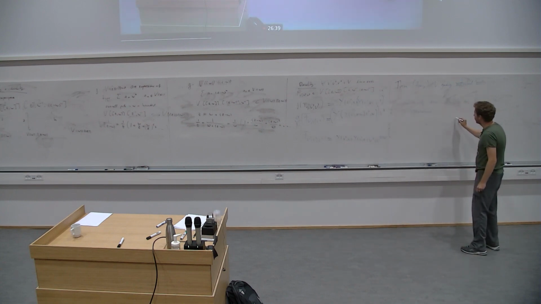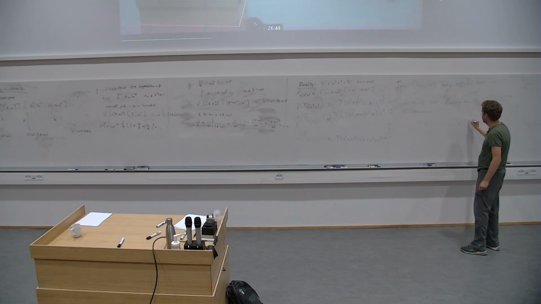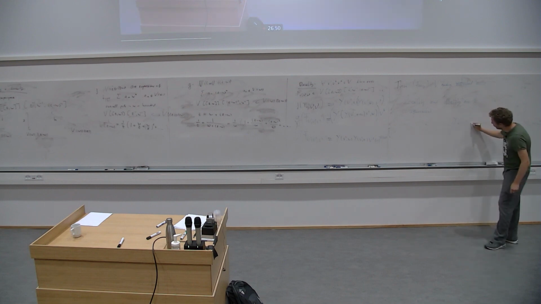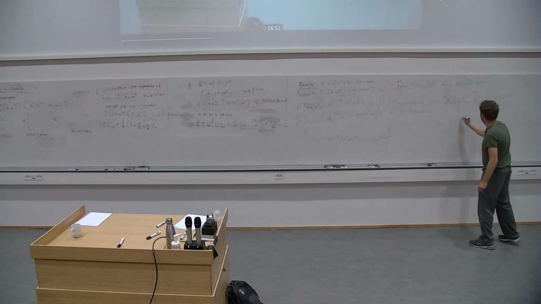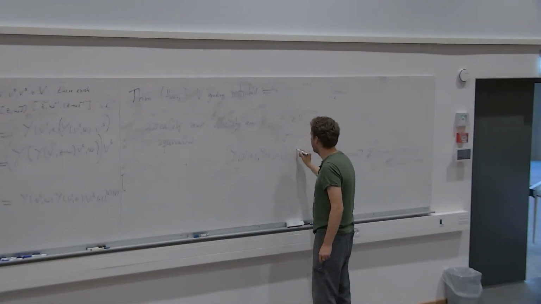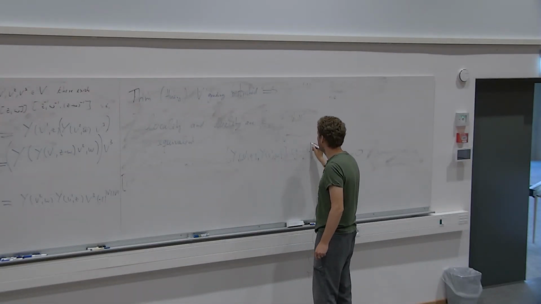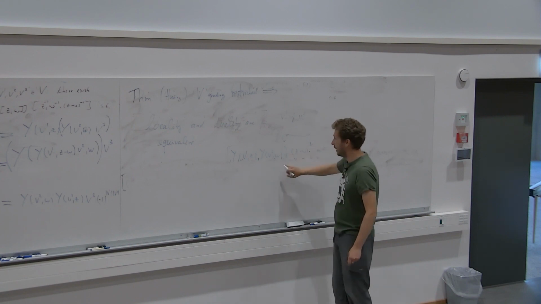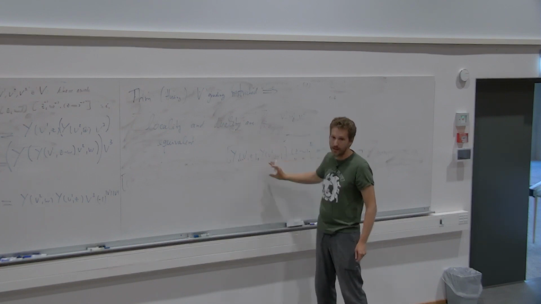Locality was that, let's write down locality for these given 2 vectors. For these 2 vectors, if I write down the commutator and multiply it by a sufficiently high power of z minus w, and this n depends on these 2 vectors, then it vanishes.